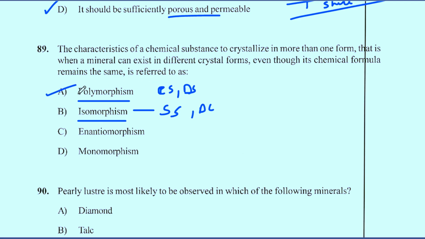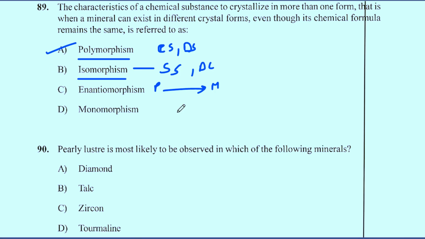So this is polymorphism. An isomorphism is one side movement, like pyrite to marcasite. Monomorphism is single.